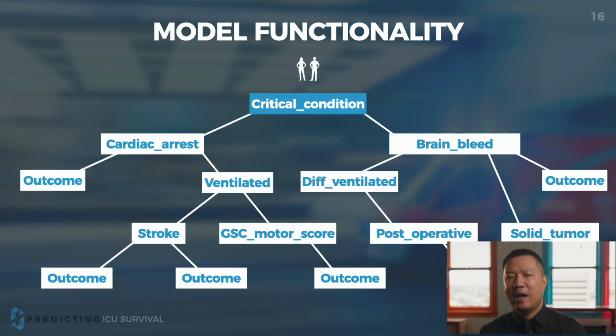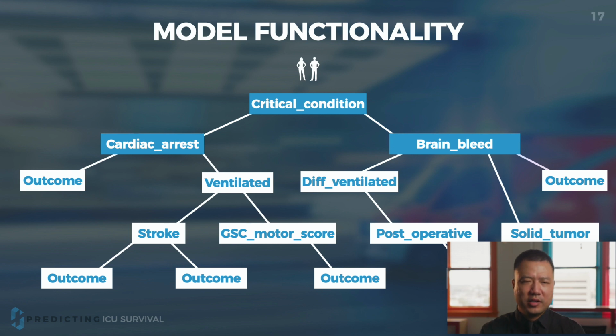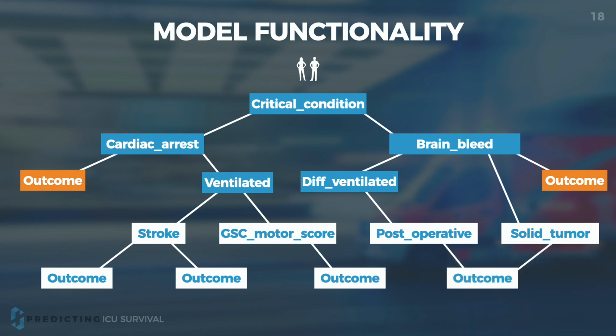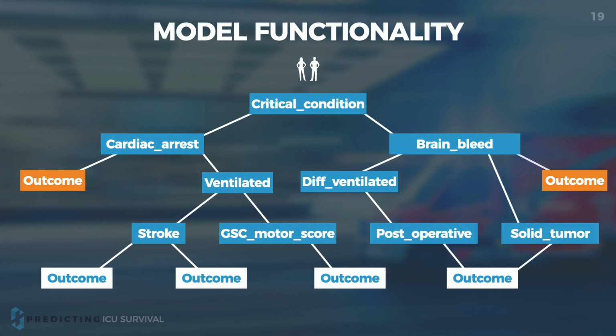For example, our model first used a critical condition vital sign, and based on the values, it moved to the next level, to see whether the patient has either a cardiac arrest or brain hemorrhage. Then based on data from those conditions, our model determines whether the patient is going to survive or moves on to the evaluation of other vital signs to further determine the outcomes. Now Chase is going to cover some insights and recommendations.